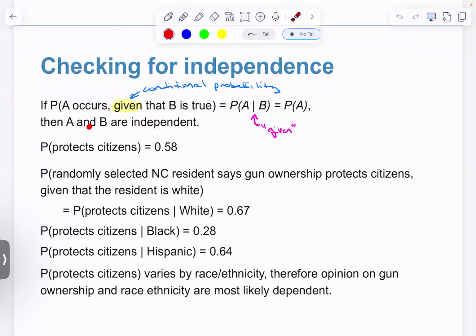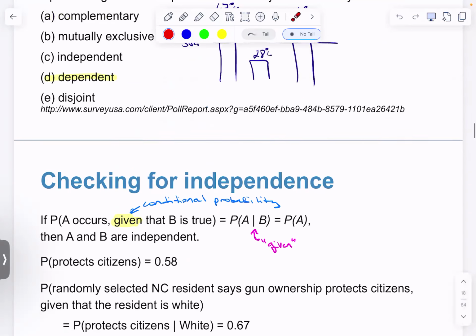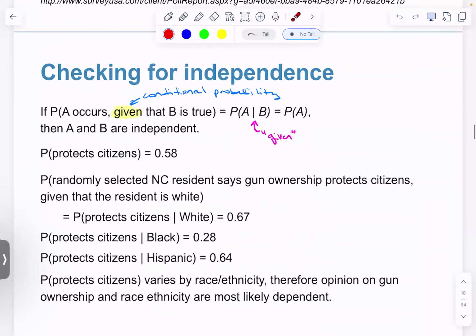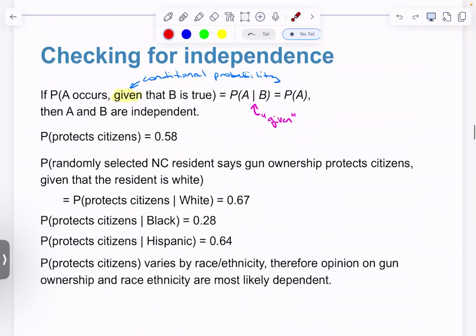Which means that A and B are independent. The probability that someone thinks gun ownership protects citizens, North Carolina, I think in 2013, it was quite a while ago. But anyways, the overall probability was 0.58. This is why I started translating it into shorthand and then I gave up.